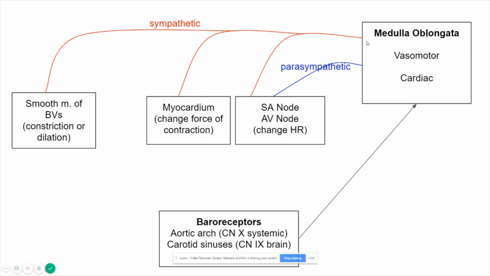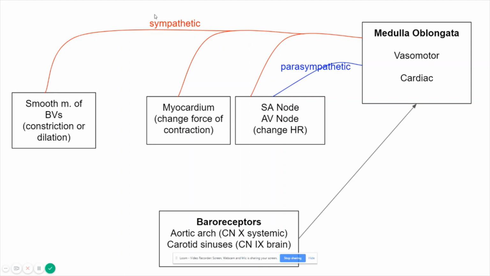The sympathetic fibers go to the SA node and AV node of the heart, and because these determine the rate of your heart's beating, in this way you can change the heart rate. These sympathetic fibers also go to the myocardium, or the cardiac muscle cells, and that can change the force of contraction. Finally, sympathetic fibers also go to the smooth muscles lining your blood vessels to influence constriction or vasodilation.